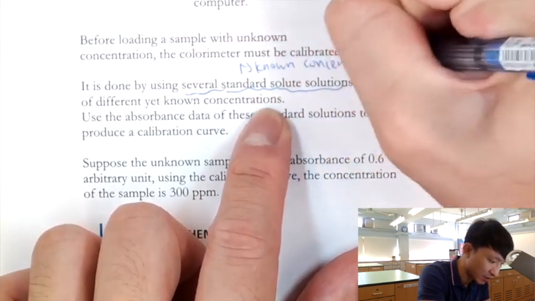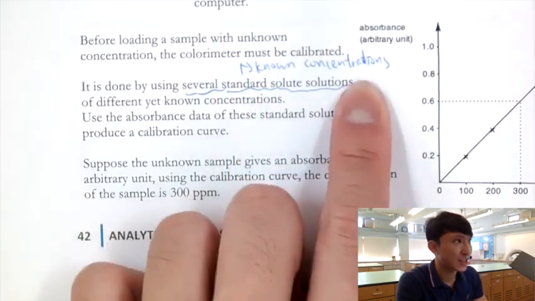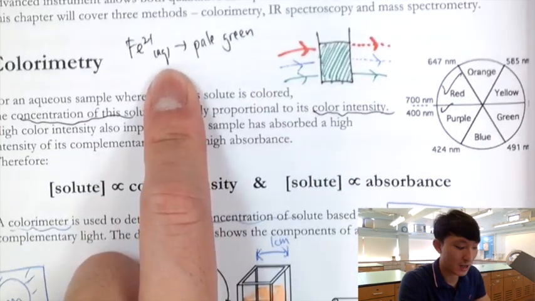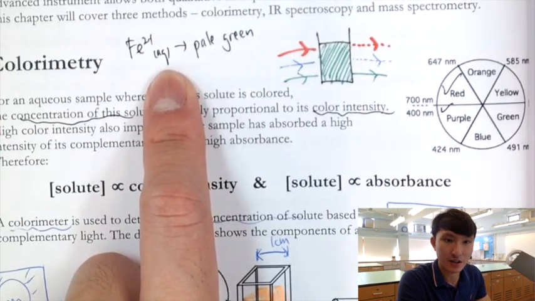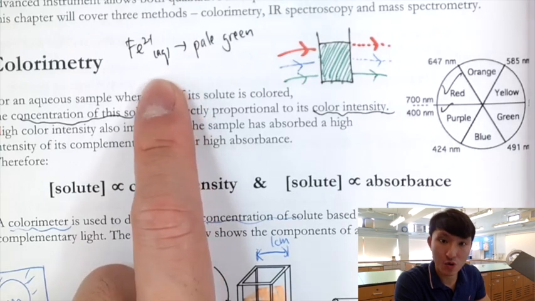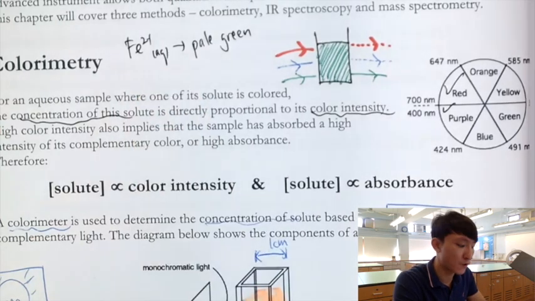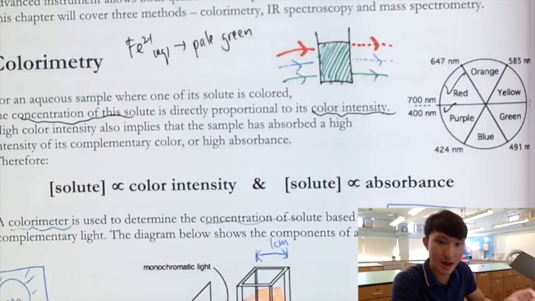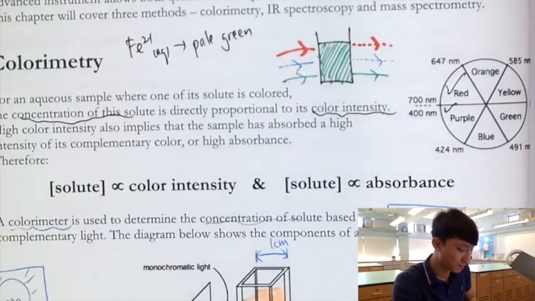So if you go back to this example, if you want to analyze iron 2 solution, then before you load your unknown sample, you should prepare yourself some standard solutions of Fe2+. You got some like 1M, 2M, 3M, etc.